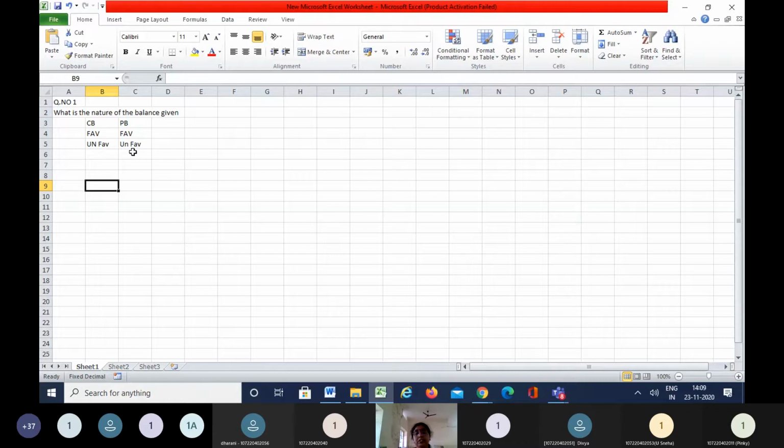Unfavorable means it's an overdraft balance. If the cash book balance is being given, we need to find out the passbook. If the passbook is being provided, we need to find out the cash book. So let's see the format now.